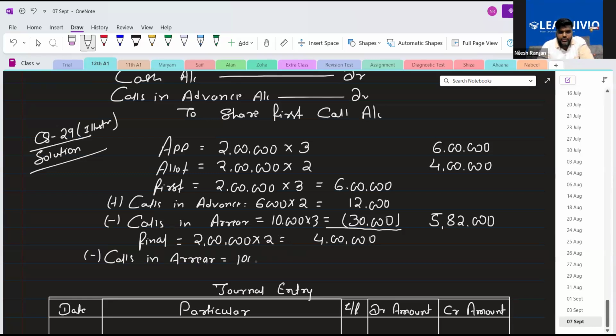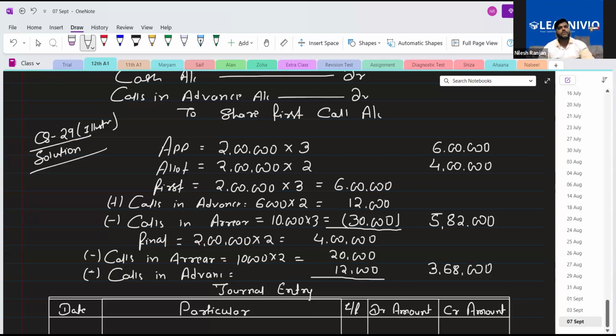So on 10,000 shares into 2, 20,000 we will not receive. So it will be 3,80,000. And one more thing, the calls in advance that we have received on the first call will be adjusted here, so minus 12,000, 3,68,000. Tell me, is this clear? The working part?